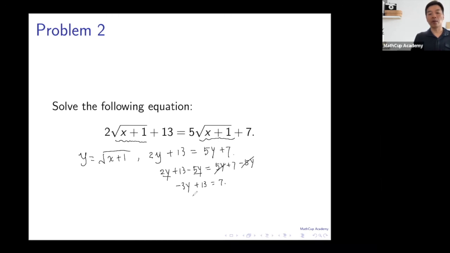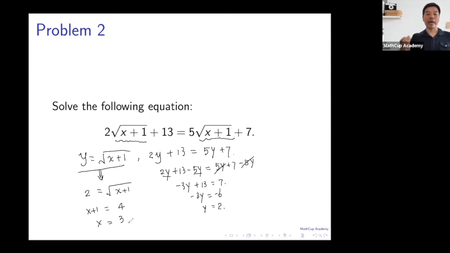And then minus 13 on both sides, we get minus 3y equals minus 6. So y equals 2. And now with y equal to 2, just look at this. We know that 2 equals the square root of x plus 1. So x plus 1 is going to equal 4 because we just square both sides of the equation. It's still an equation, and x equals 3.